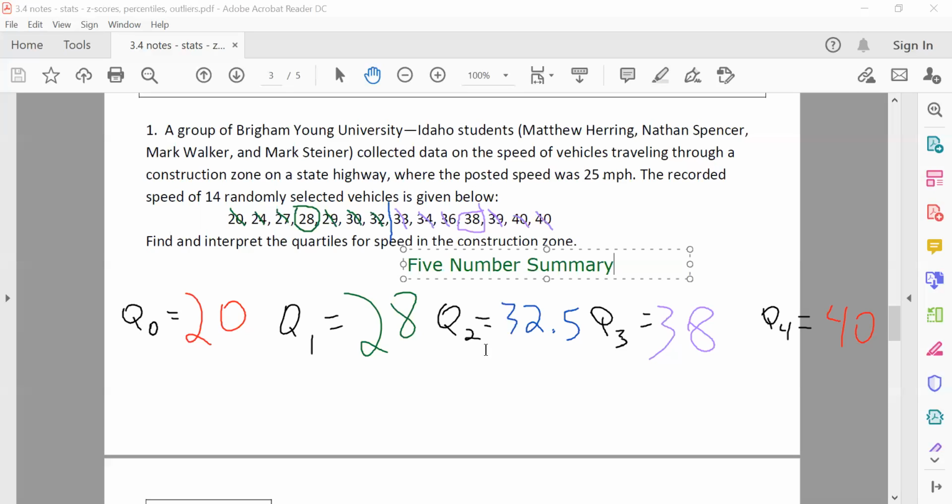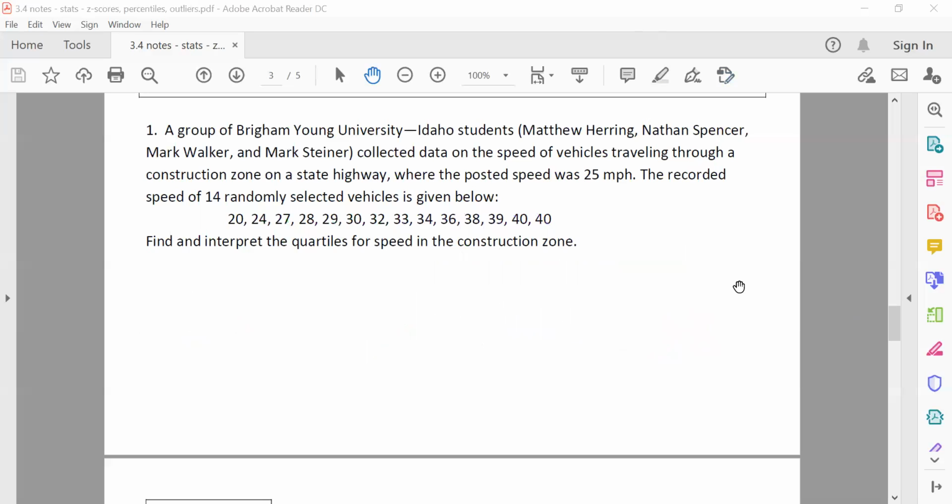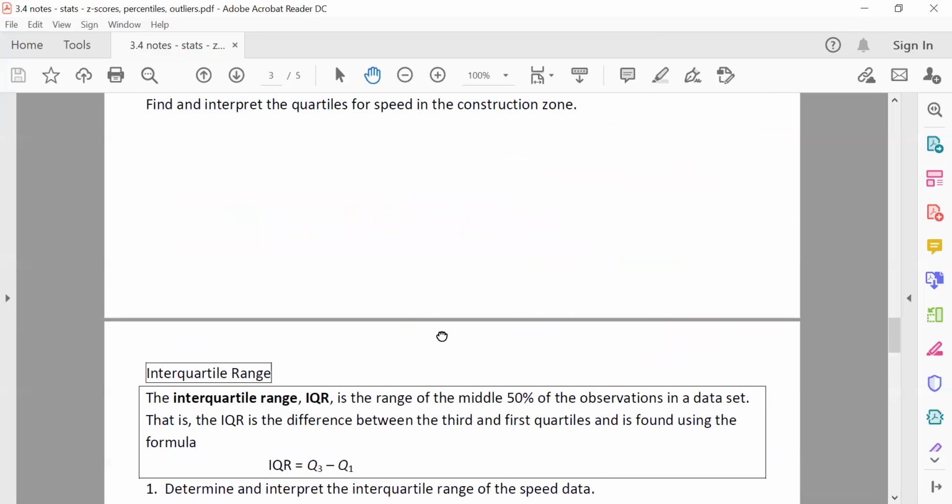And what we'll likely see next time is that we're going to deal with something called a box plot. And that's going to be a visual representation of the 5-number summary. We'll do that next time, but we still have more in this section. Okay, so remember that 5-number summary, because it's now gone.